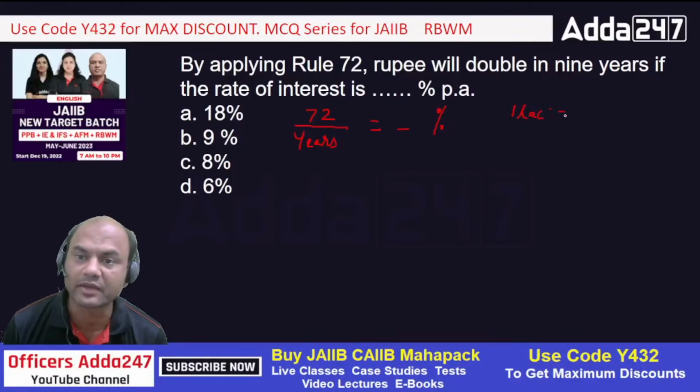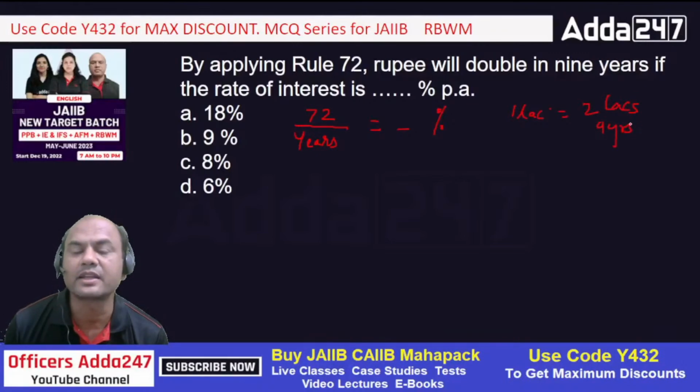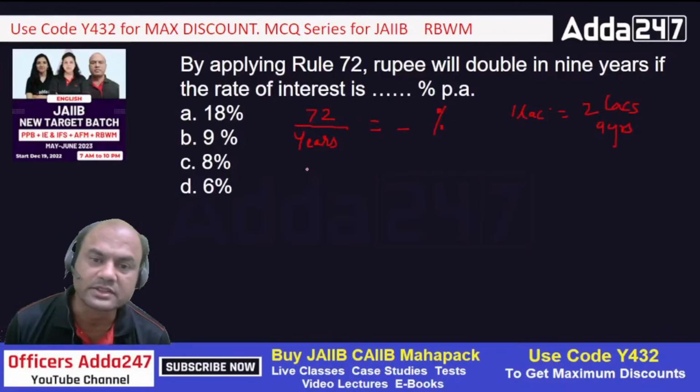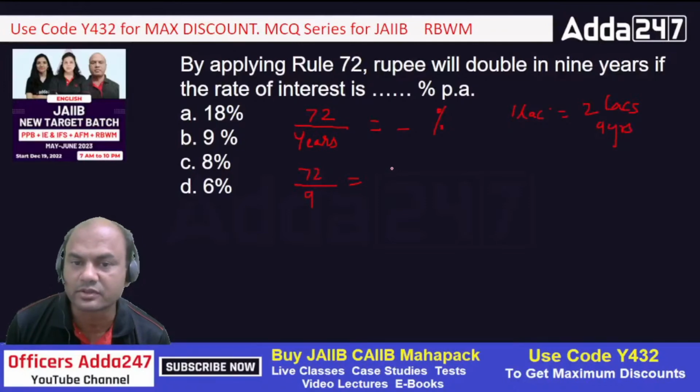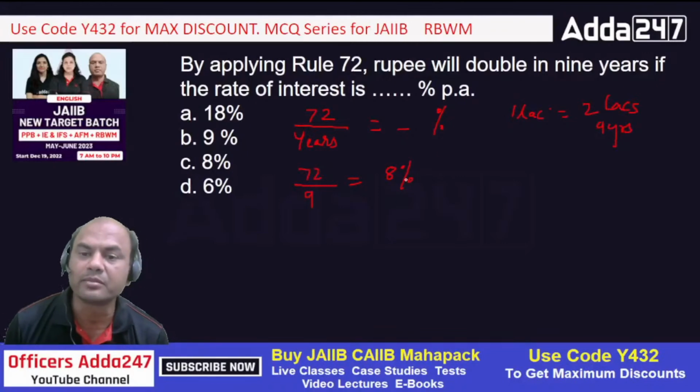What should be the rate of interest? 72 divided by 9 equals 8, so 8%.